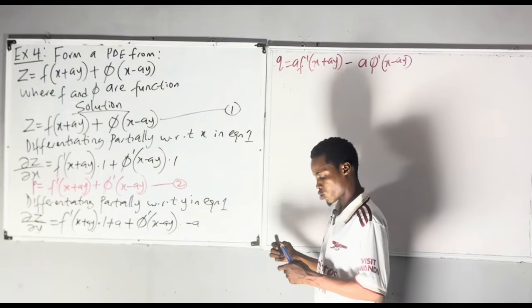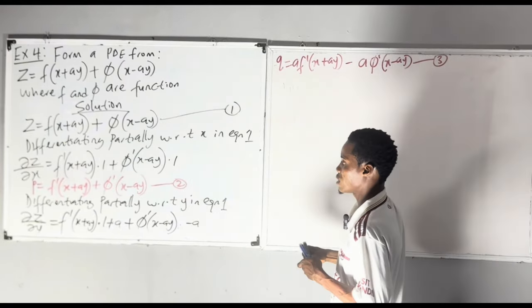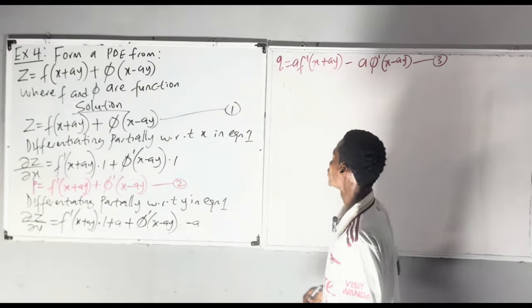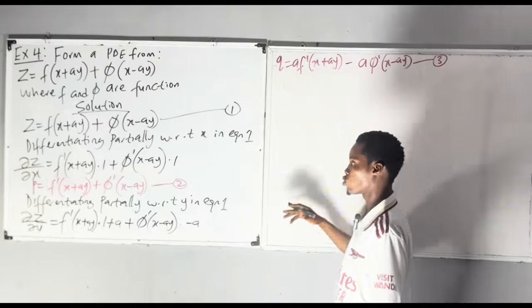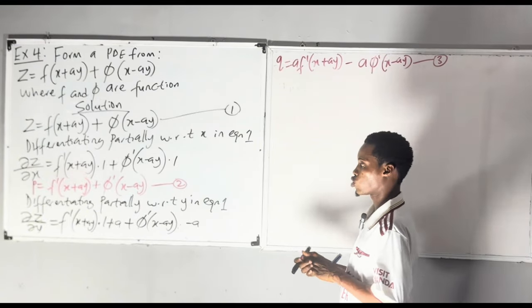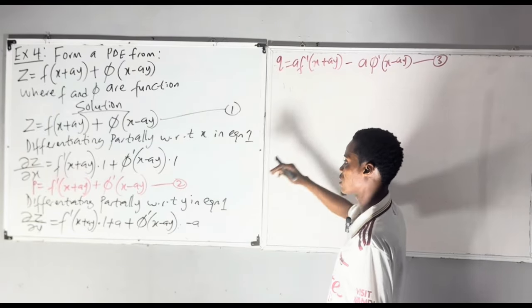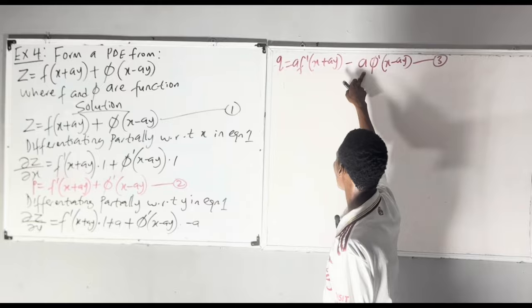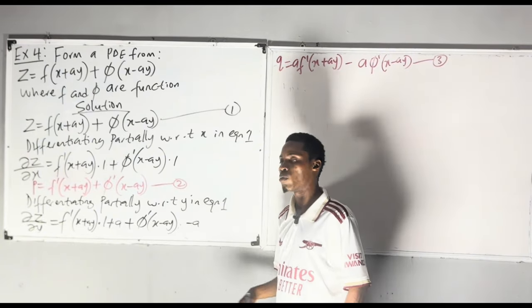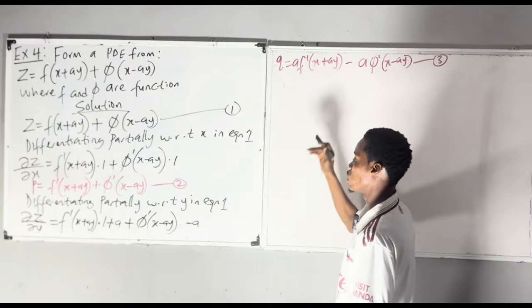You can see from equation 1, equation 2 and equation 3 that there's nothing related to each other. You cannot add equation 2 to equation 3, and you cannot divide equation 2 by equation 3, because there's nothing common between them. You can see that they are different: a is here, a is not here. But how are we going to eliminate the arbitrary function in this given relation?